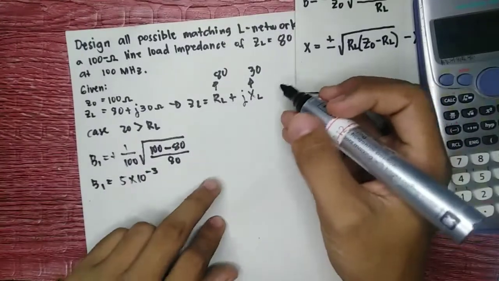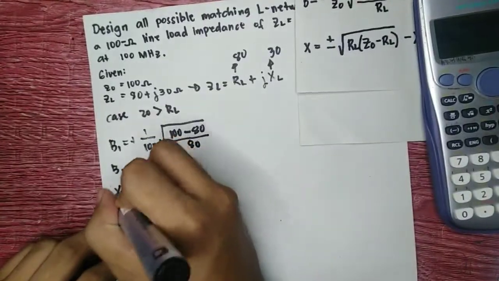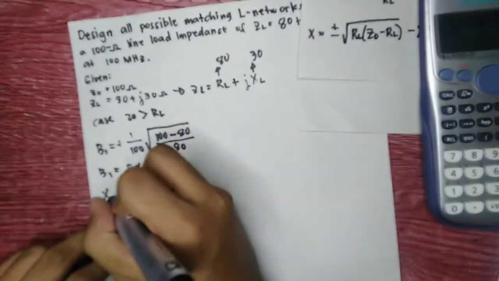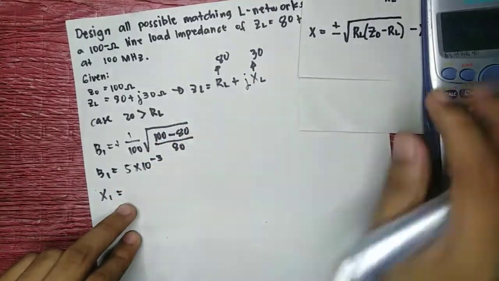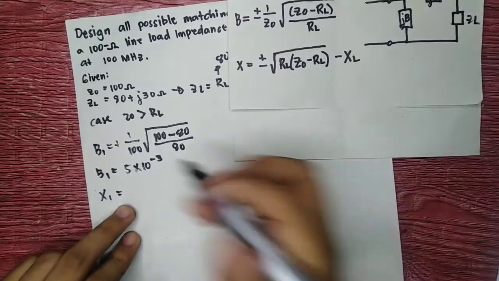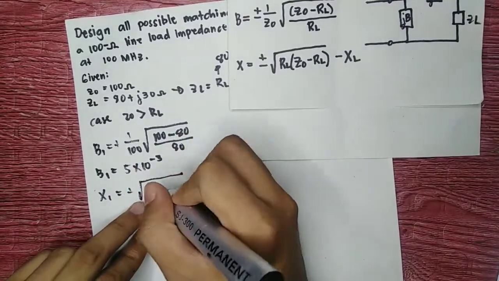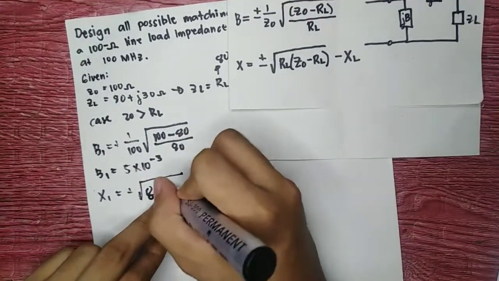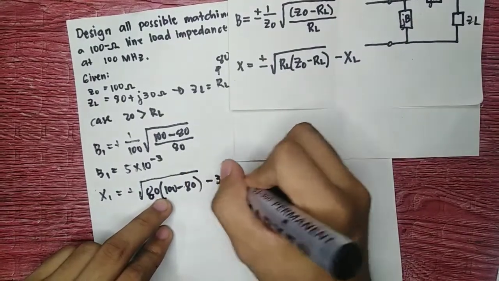And for X1, we have here the formula: plus the square root of RL 80 times (100 minus 80) minus 30.